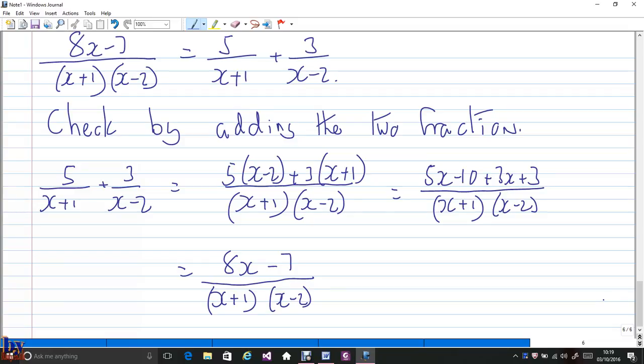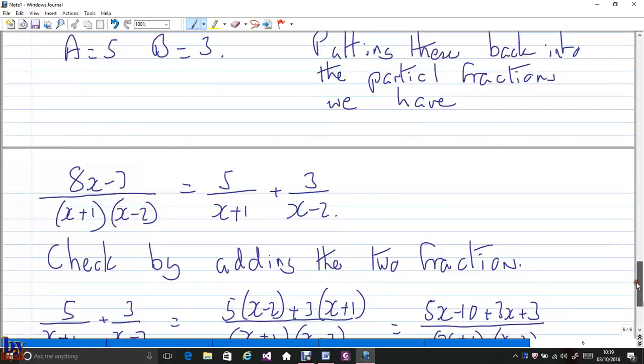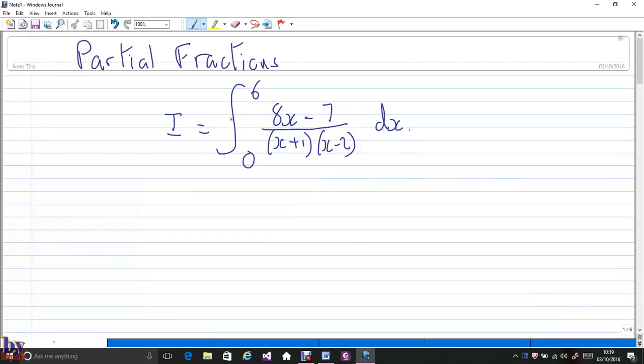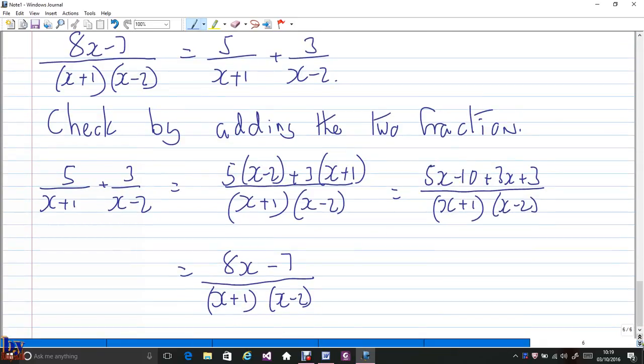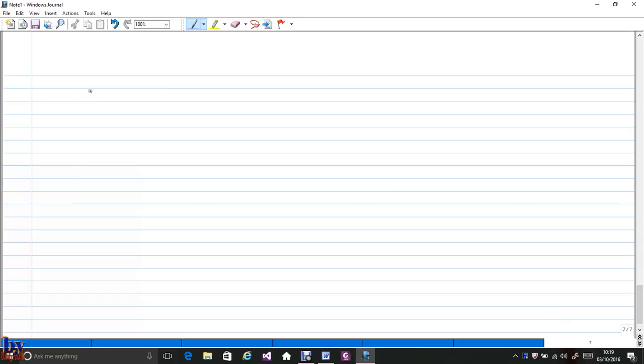Of course, just to complete the scenario, we said that this integration is more difficult to do, but now we can rewrite that compound fraction, and therefore rewrite the integral, in this way. Therefore, I equals the integral between 0 and 6 of 5 over x plus 1 plus 3 over x minus 2 dx.